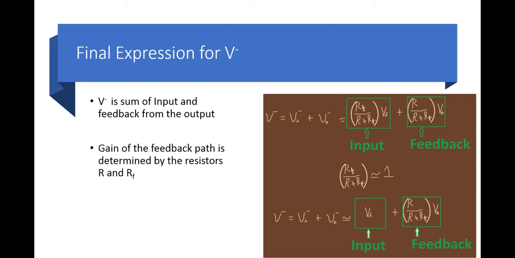So we can simply say that V minus, which corresponds to E, is equal to X minus beta Y. So let's see this point in more detail, and you can see that the gain of the feedback path is determined by resistors R and RF.